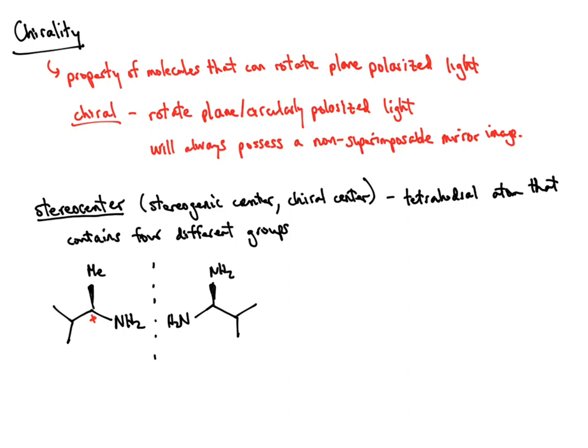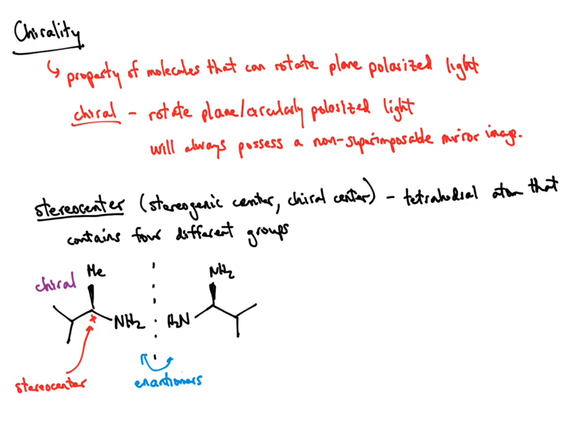And that molecule is not superimposable upon the first one, so we say that these two molecules are enantiomers, and therefore the first molecule is indeed chiral. This molecule has a non-racemic stereocenter at the starred carbon. It is a tetrahedral carbon that has 4 different groups attached: an isopropyl group, an amino group, a methyl coming towards you, and a hydrogen going back away from you that is not drawn in.